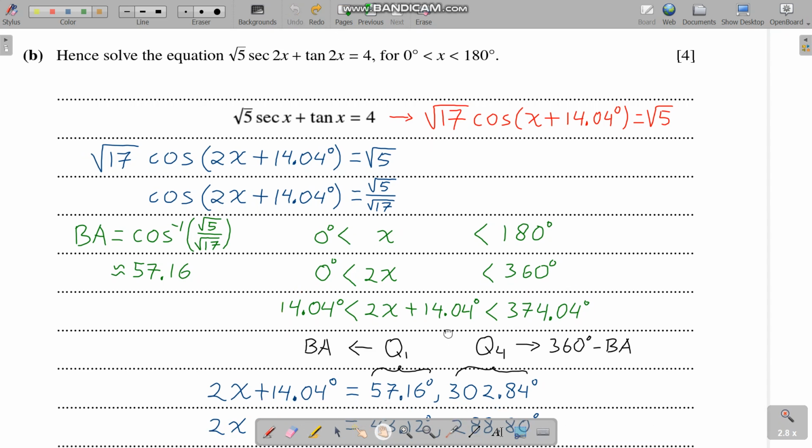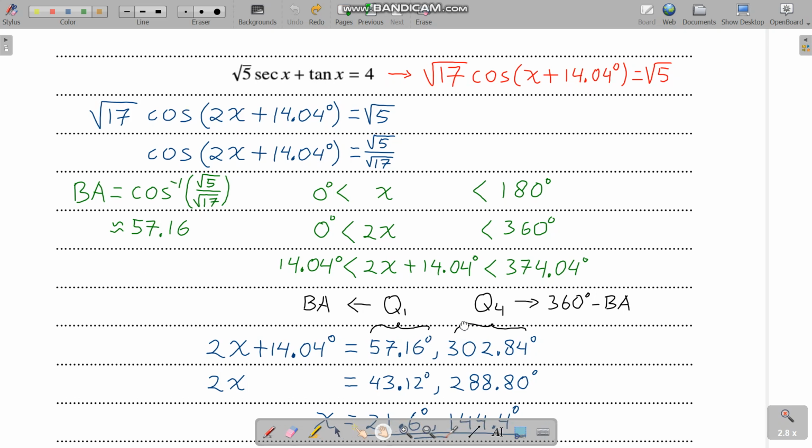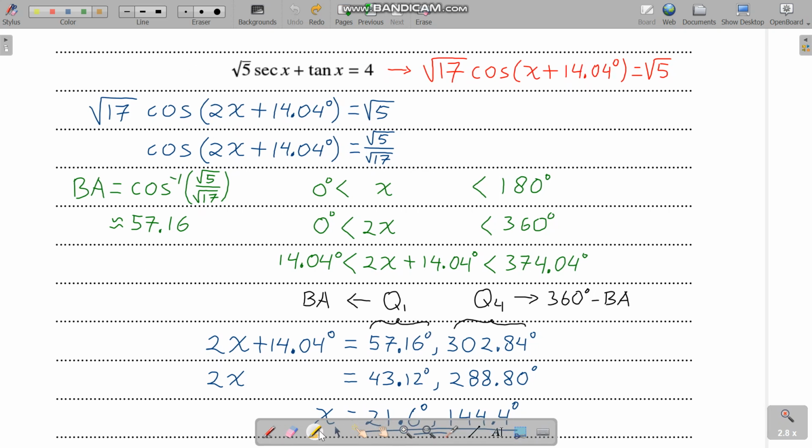Okay, so now we look at which quadrants we can use. So since we are talking about cos something equals something positive, we can only use the first quadrant or the fourth quadrant.